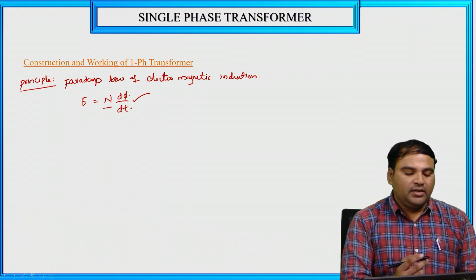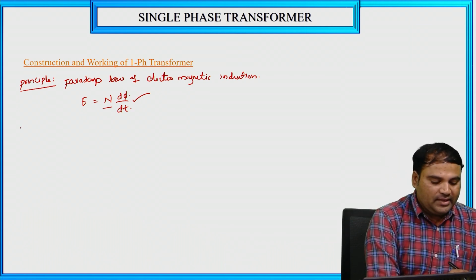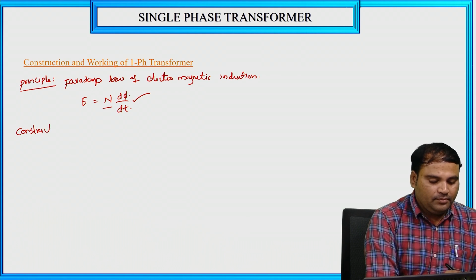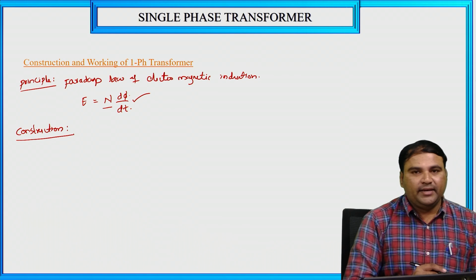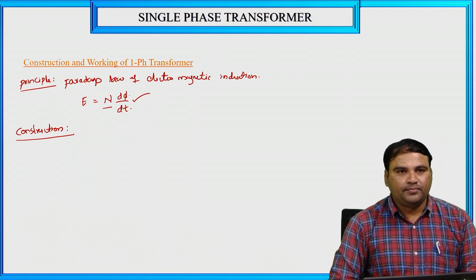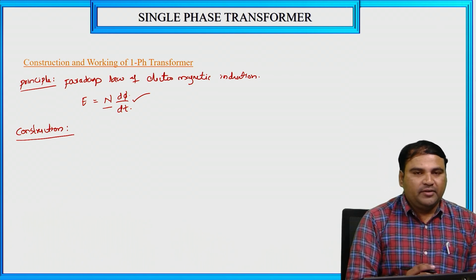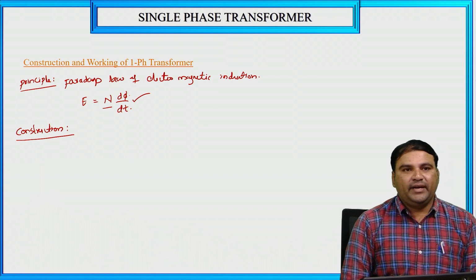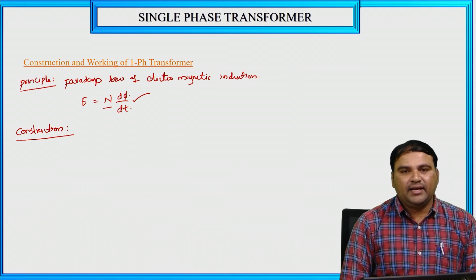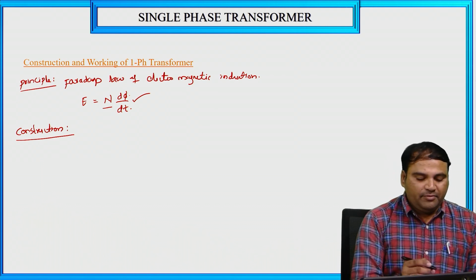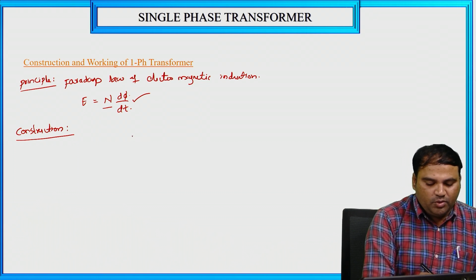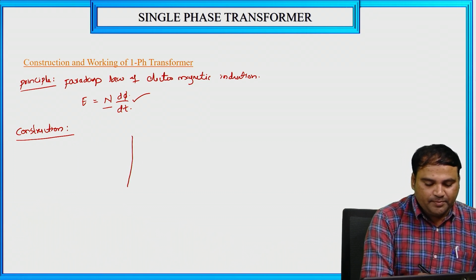Now, what is the construction? Construction of a transformer. A transformer has two windings, that is the primary winding and the secondary winding. First of all, we need to draw the core of the transformer.